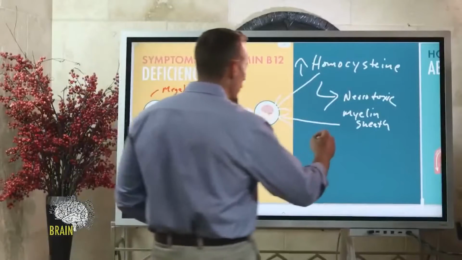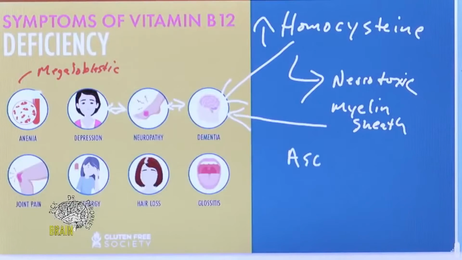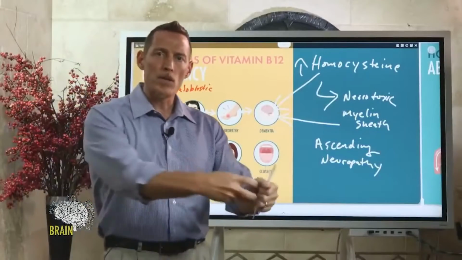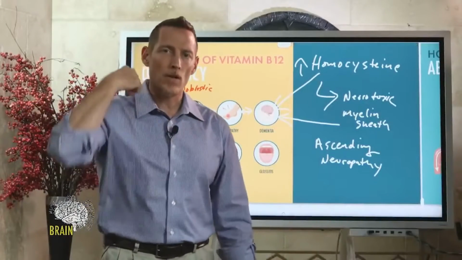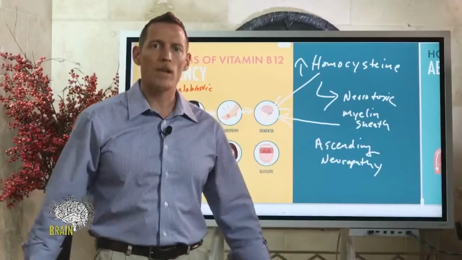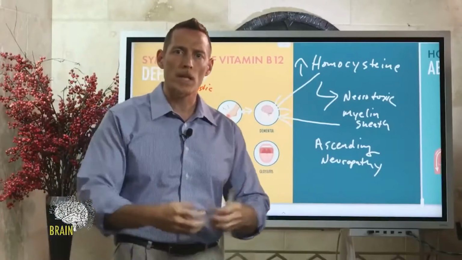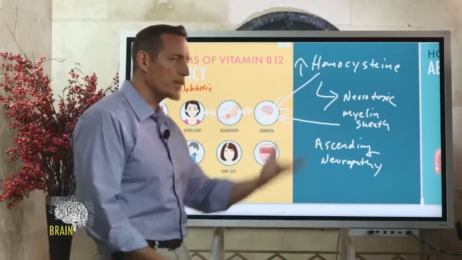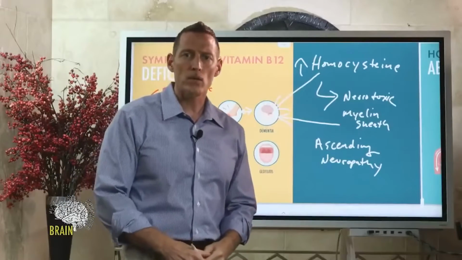If you have something called ascending neuropathy, let me delineate what that is. Ascending neuropathy means the nerve damage starts in either the toes or the fingers, and it moves its way up. Instead of starting from the spine and moving its way out and down, it starts from the extremity and moves its way up. Generally this is in the feet, when it moves up the leg into the pelvis region.